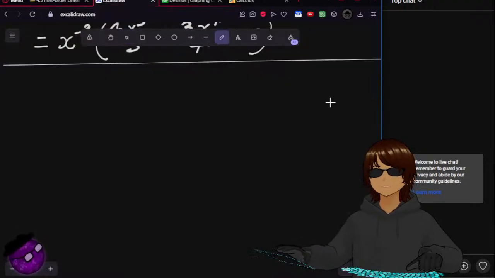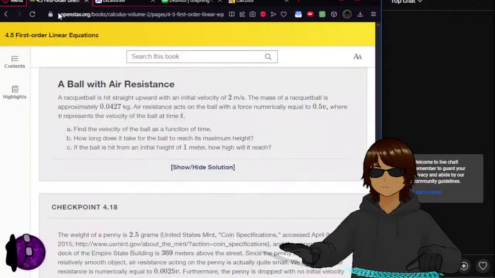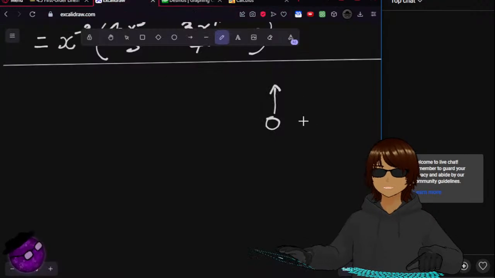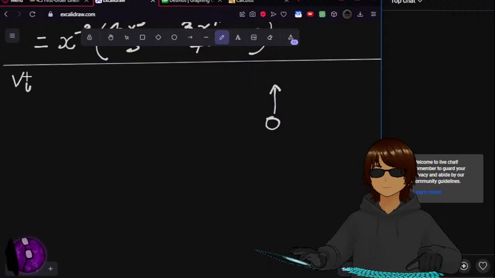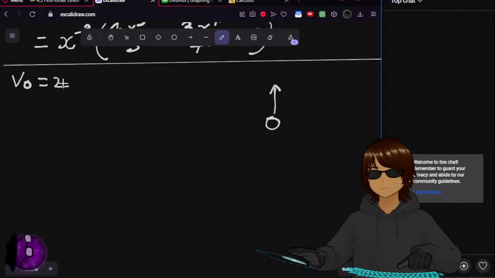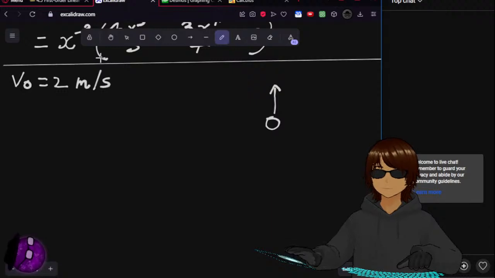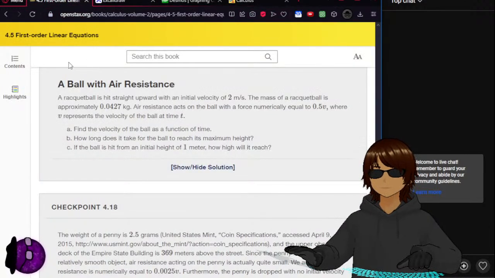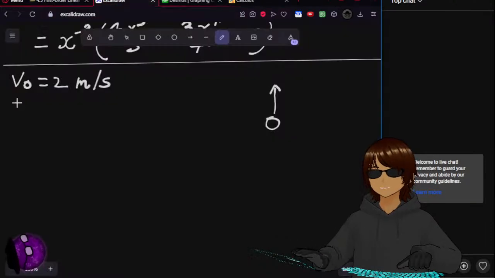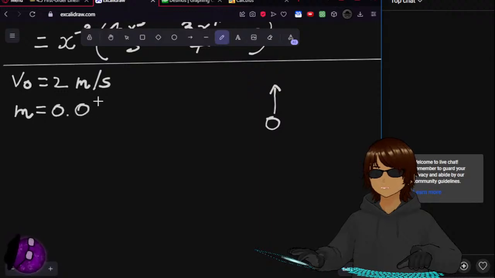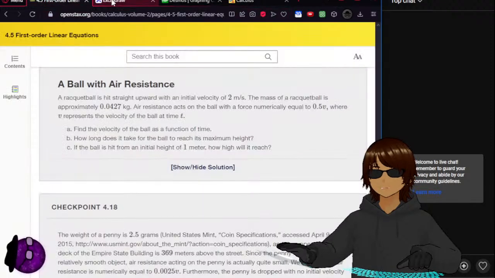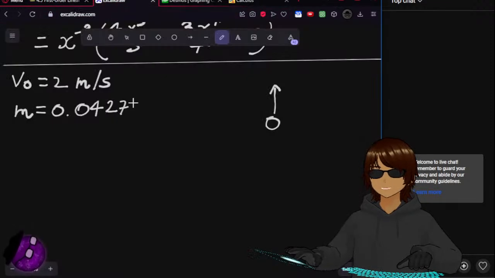So the ball is hit straight upwards with an initial velocity of 2 meters per second. The mass of the racquetball is 0.0427 kg.